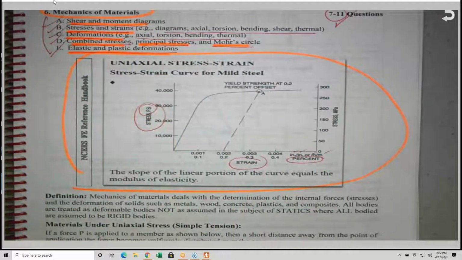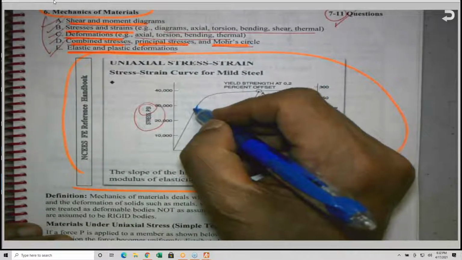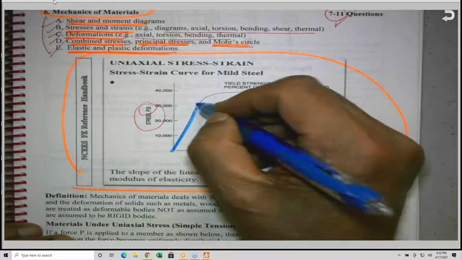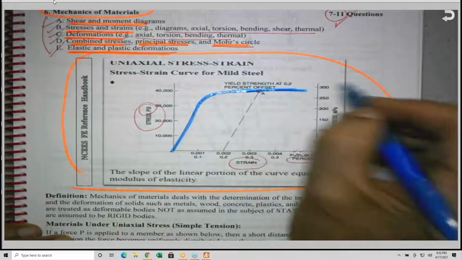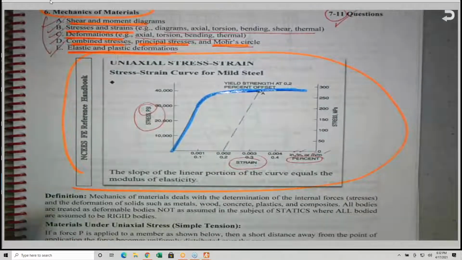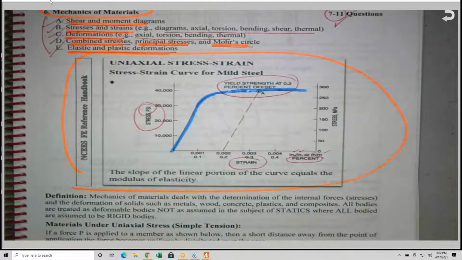And he showed you a stress strain curve for a material that does not have a well-defined yield point. You'll find that this is the linear portion, which is a straight line. And after that, it has a curve. And so here we have what is known as the yield strength at 0.2%.